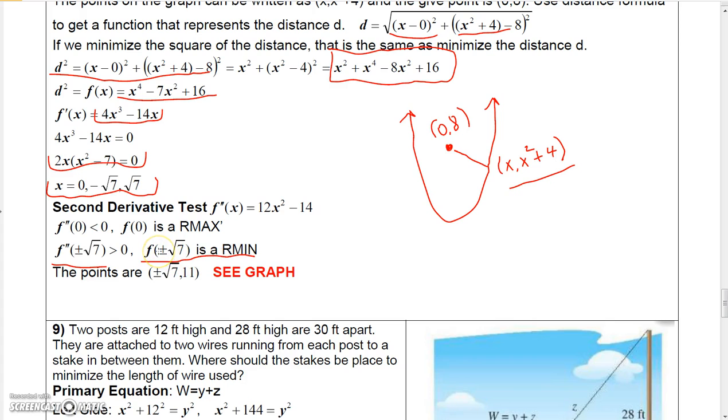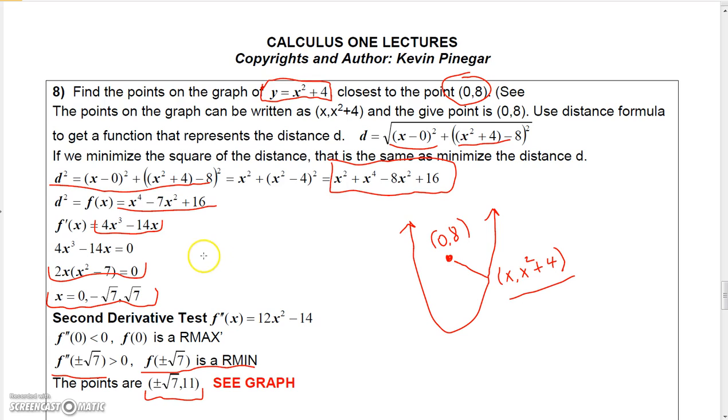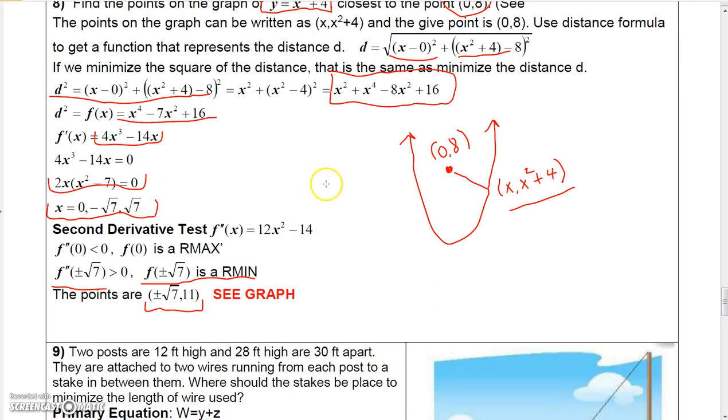And then if you want to figure out what the y value is, all you have to do is plug plus or minus square root of 7 into the function, and you'll get 7 plus 4 in each case. So you'll get the point square root of 7, 11. So this point is actually square root of 7, 11.